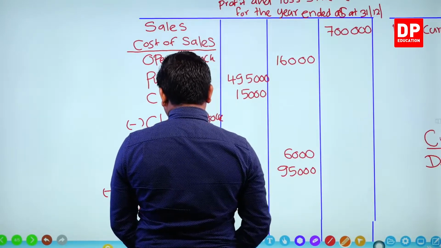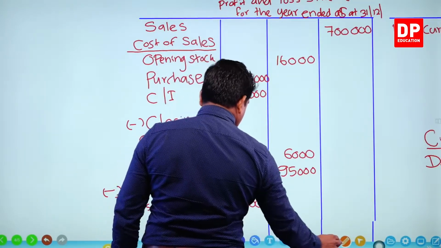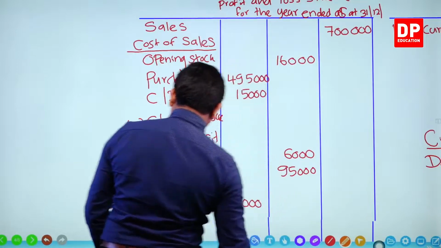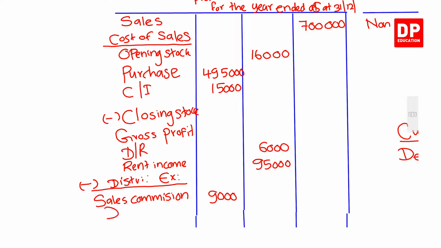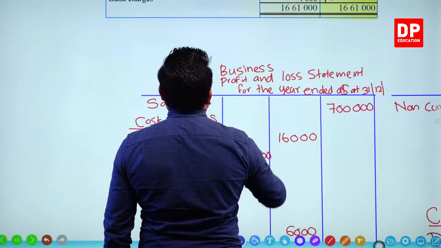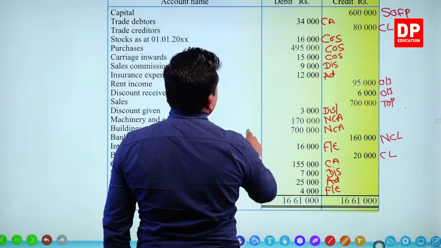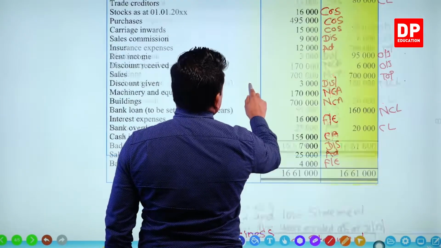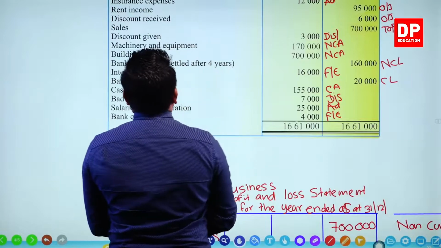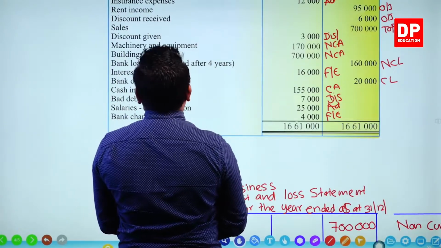Discount given, right? It is a distribution expense. It should be 3,000. Yeah, correct, 3,000. Machinery and equipment 170,000.